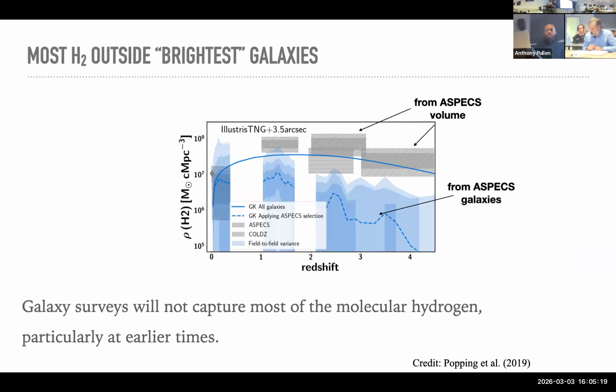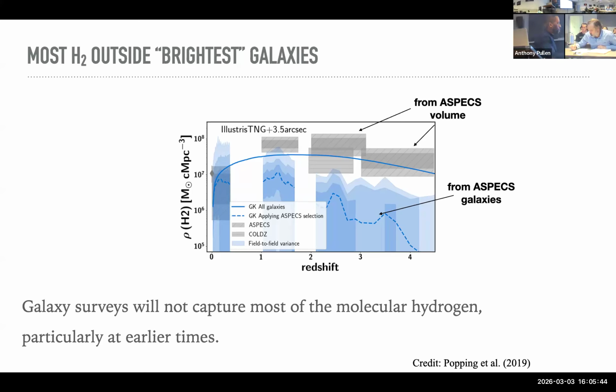One thing to note, though, as far as how to best track these lines, is that one issue is that most molecular hydrogen, for example, is outside the brightest galaxies, and in the same way, most of the emission that we can actually observe is not contained only by the brightest galaxies. So here I show a figure just giving the example for molecular hydrogen.